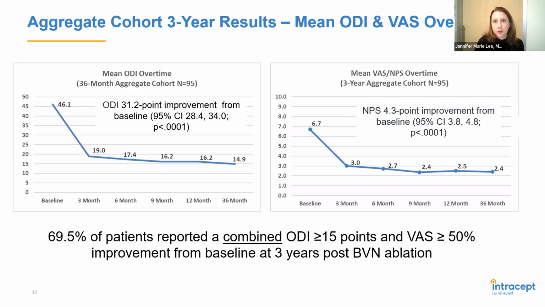That is an incredible reduction in the ODI, and in most cases represents a reduction of at least 2 levels of disability according to the categorization of that measure. And the VAS or NPS over time really matched or shadowed the timeline in which the ODI reduced, and it was maintained for a period of 3 years, which was as long as this study extended.